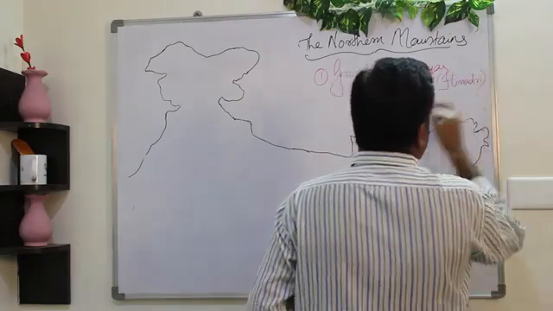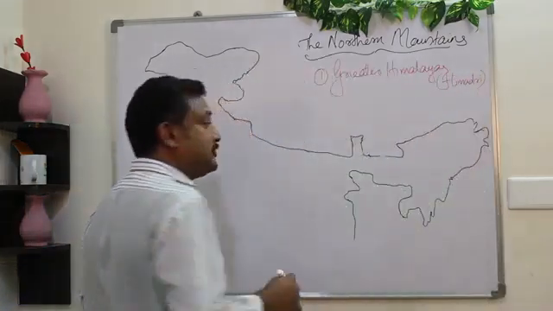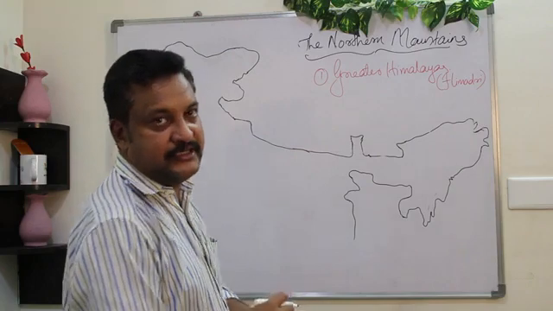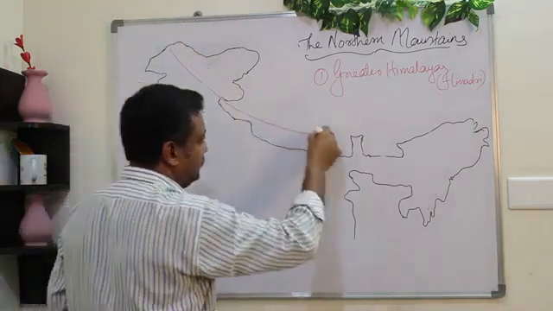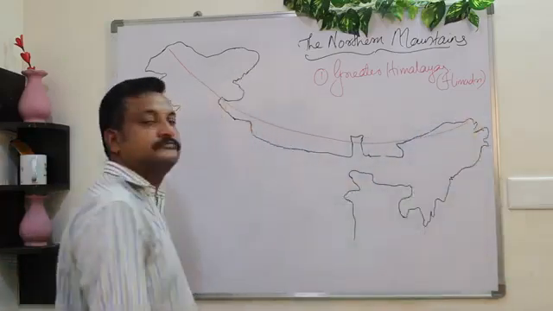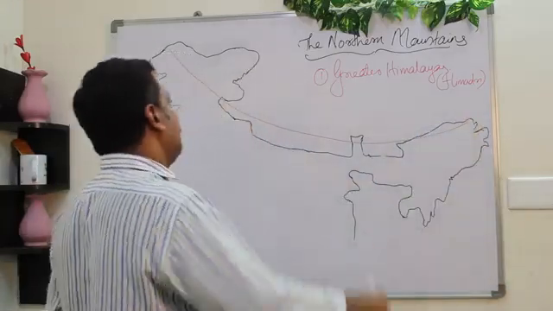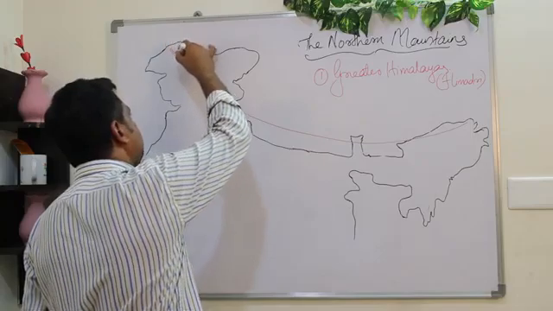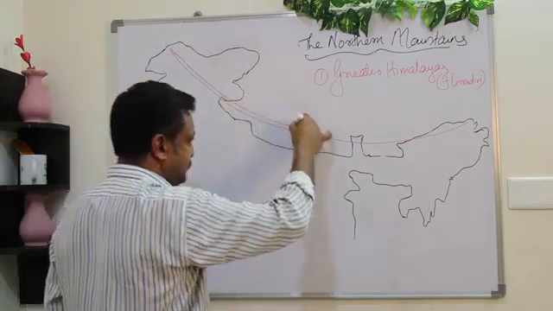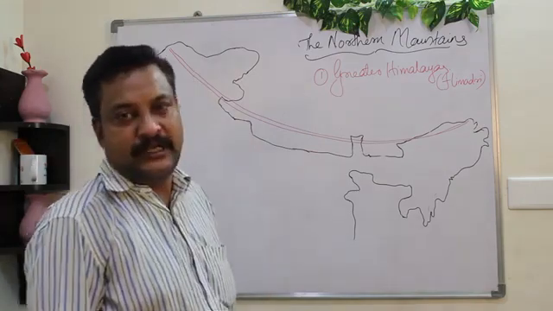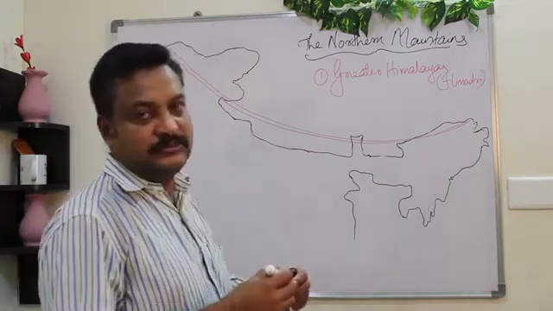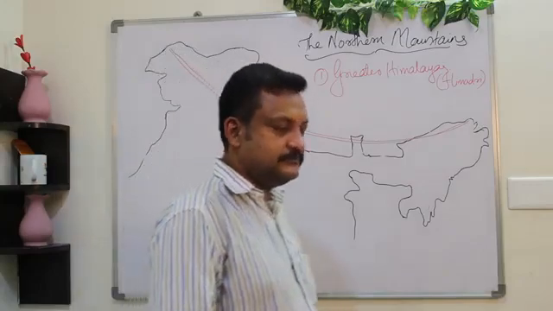The Himadri range is the topmost layer of the three layers of the Himalayas. The topmost range of mountains that runs through the Himalayas is known as the Greater Himalayas or Himadri.